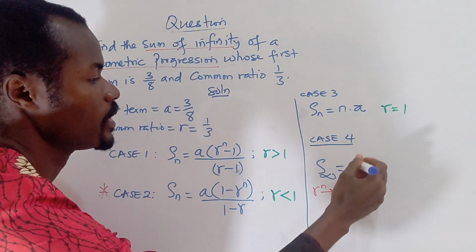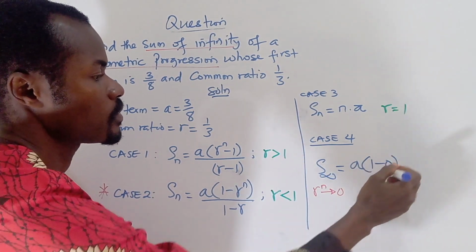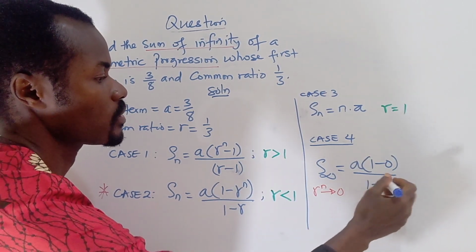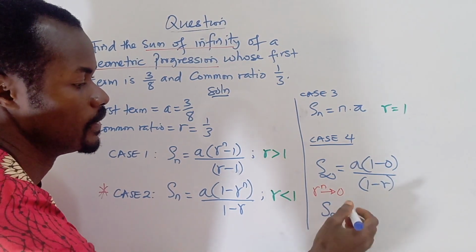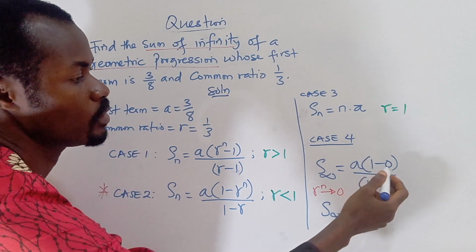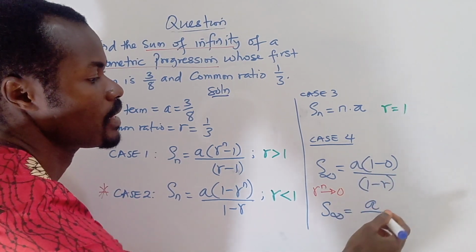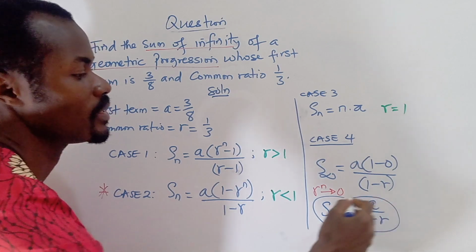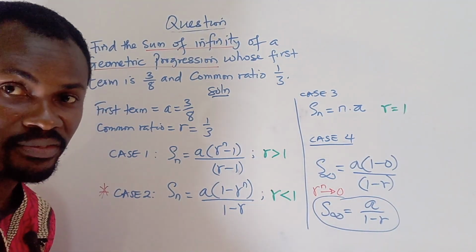So we have a into 1 minus 0, divided by, we still leave this as 1 minus r. So the sum of infinity is going to be, 1 minus 0 is 1, so 1 times a is a, divided by 1 minus r.